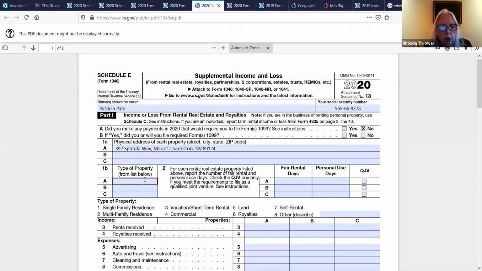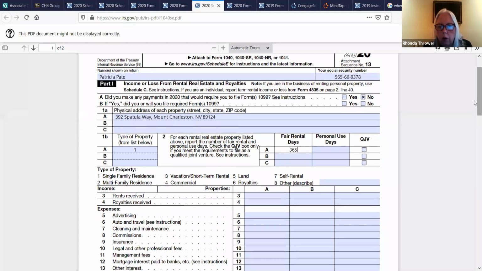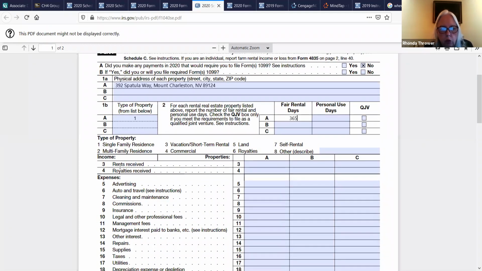the type of property, and it comes from down below here, and this is a single family residence, so we're going to put a 1 here. They rented it for 365 days for the year, and then we're going to move on to the more important part of this, which tells you how much rents were received.